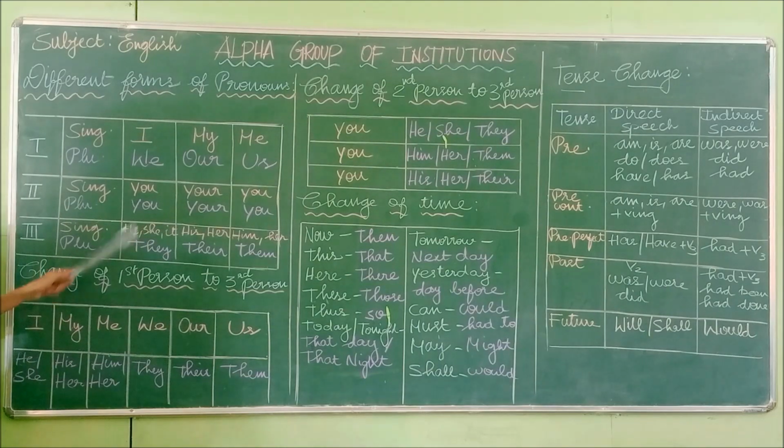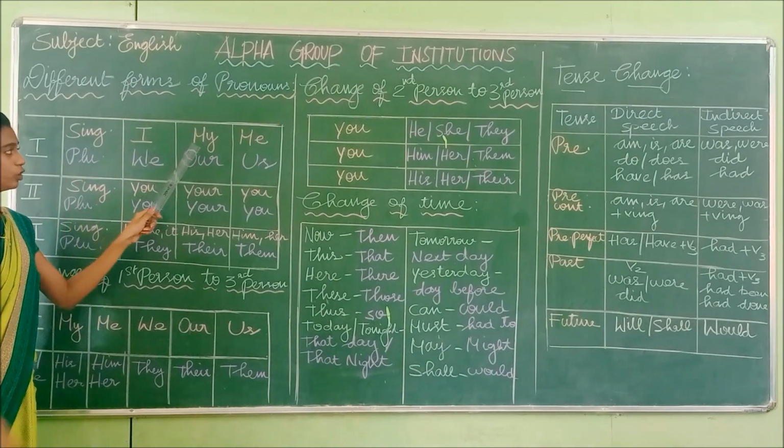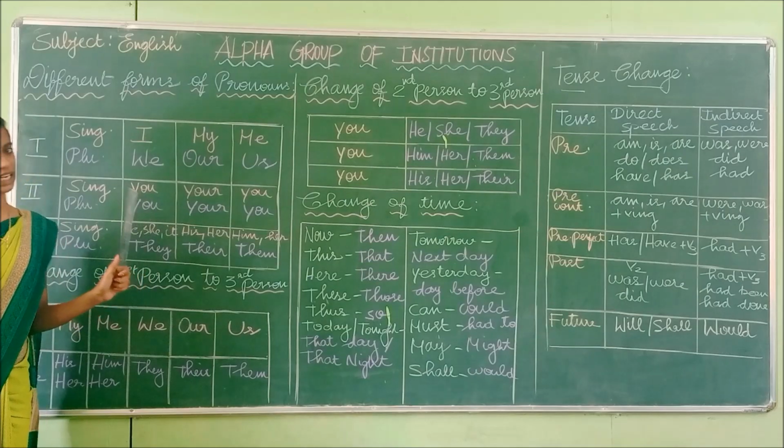For second person, you. You is both singular as well as plural. For third person, he, she, it, they. He, she, it are singular and they is plural. If the direct speech has I, we have to change it into my or me in indirect speech.